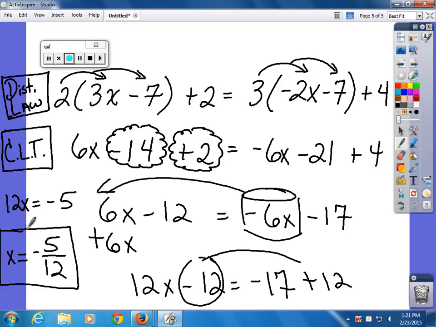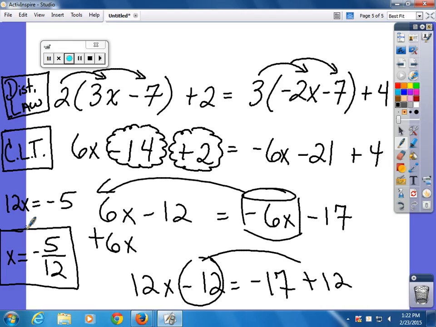Do you notice anything about the way that I do these type problems? Anybody want to give any input on how I do them? How I show them to y'all? How do I show them? In order, yes. And I do not what?